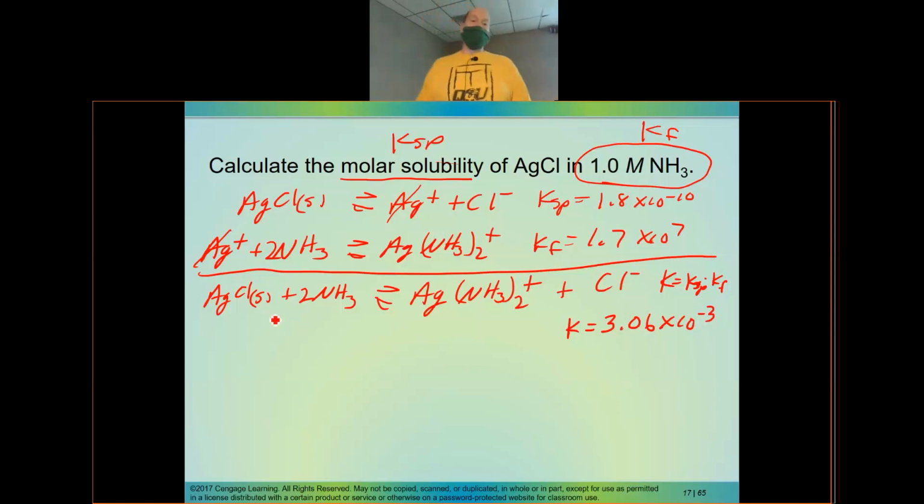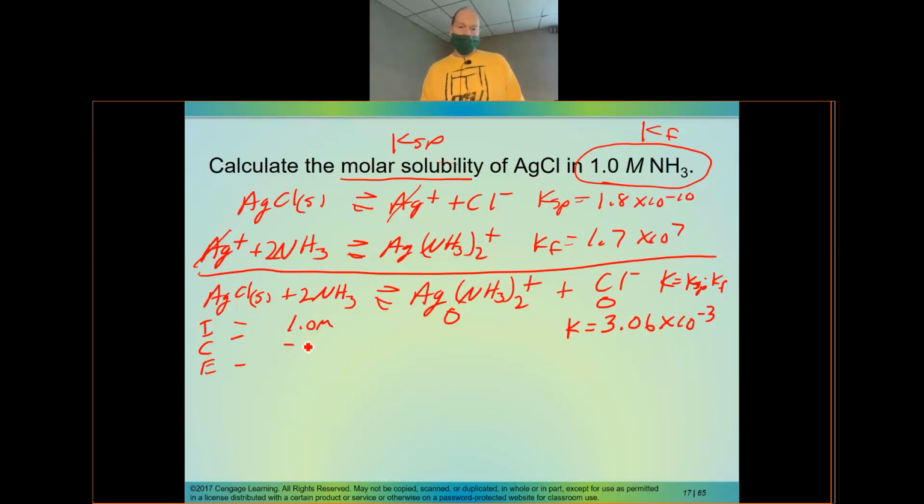All right, and so now we go initial, then change, and then equilibrium. A solid is not part of our equilibrium. NH3 is 1 molar. We didn't add any of our complex ion, and we didn't add any of our Cl-. The reaction has to go to the right.